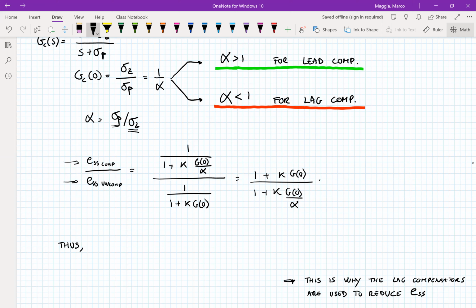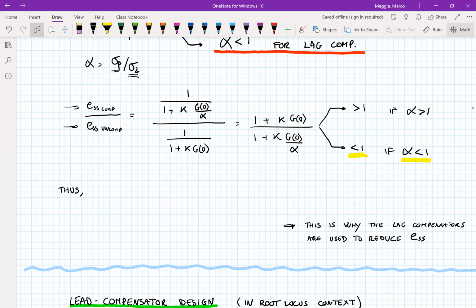So it is pretty evident that this fraction is greater than 1 if alpha is greater than 1, and this fraction is less than 1 if alpha is less than 1. In other words, we are decreasing the steady state error if we're choosing a lag compensator.